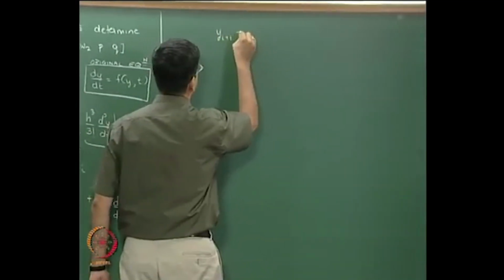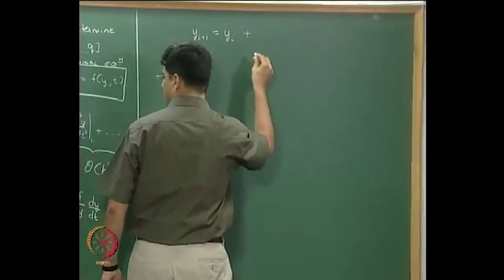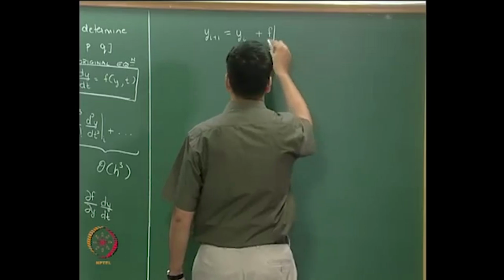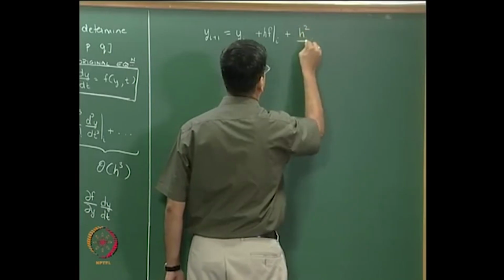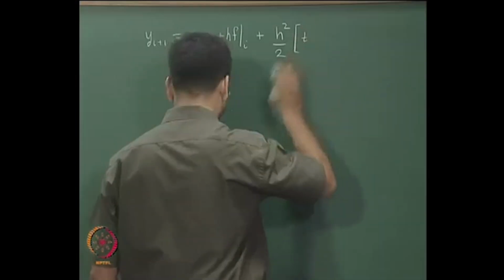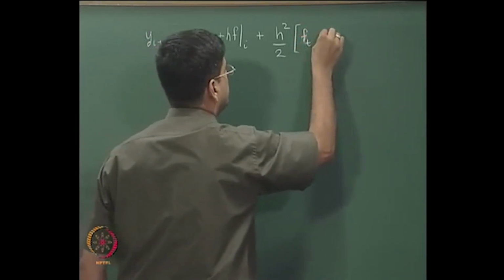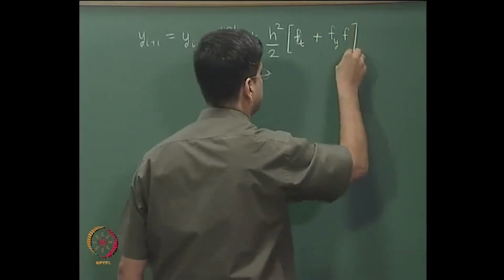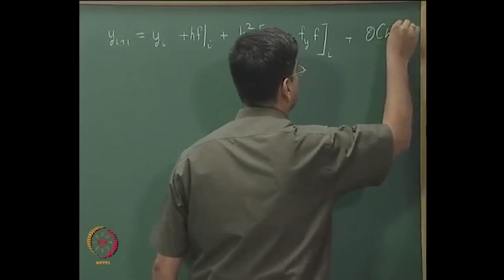So yi plus 1 is going to be equal to yi plus f computed at yi comma ti multiplied by h, plus h squared by 2 multiplied by ft plus fy multiplied by f computed at yi comma ti, plus order h cubed.